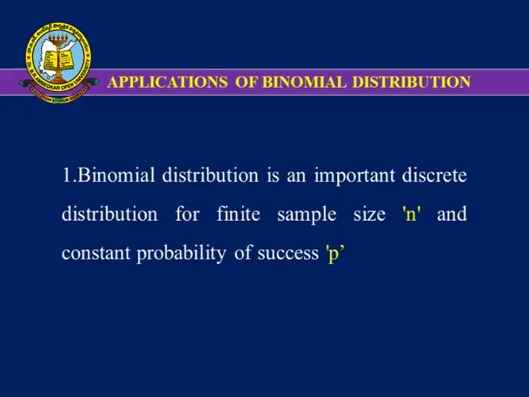So its mean is np and its variance is npq. It is a very important point, please note. Here the sample size is fixed in binomial and the success probability is constant for each trial, that is p, and failure is q, where p plus q is 1.